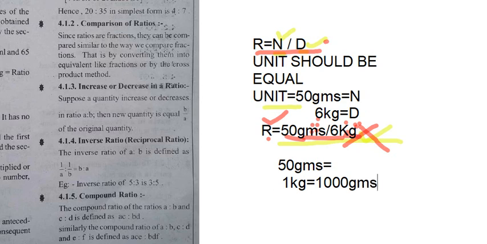And from this statement, if I want to write 1 gram is equal to, then I have to write 1 by 1000 kgs.